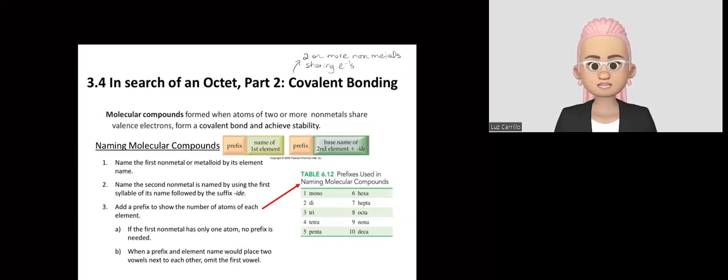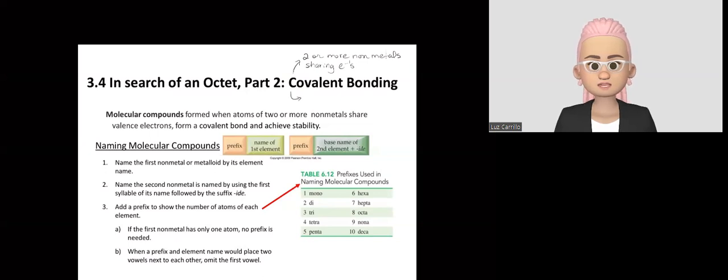Because remember that many elements in the periodic table, once they form compounds, the goal is to have full valence shells. In addition to having two or more nonmetals sharing electrons to make a covalent bond, which is the only type of bond, I should say, for covalent, in other words, molecular compounds.